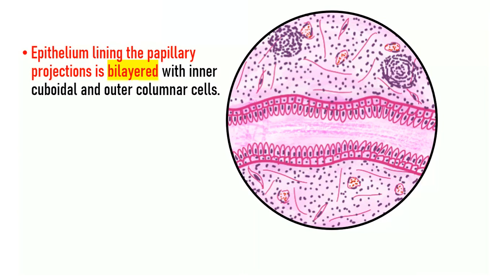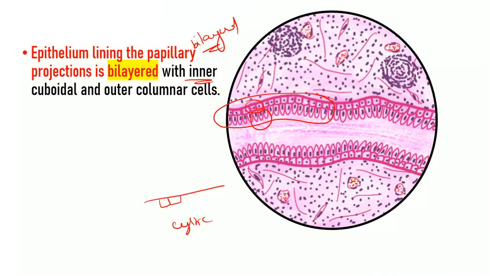Further, talking about the papillary projections, you see these are bilayered. Okay, so there are two layers. One is the inner cuboidal cells and the other is the outer columnar cells. So if this is the cystic space, here you have the inner cuboidal cells and outer columnar cells.